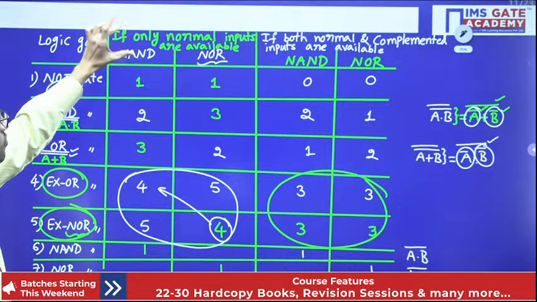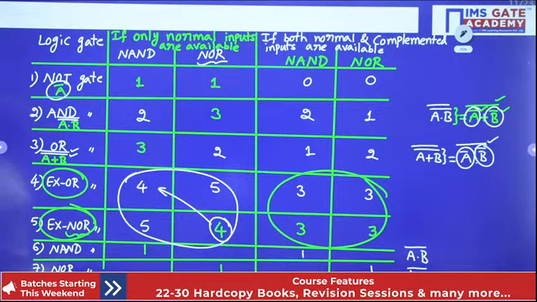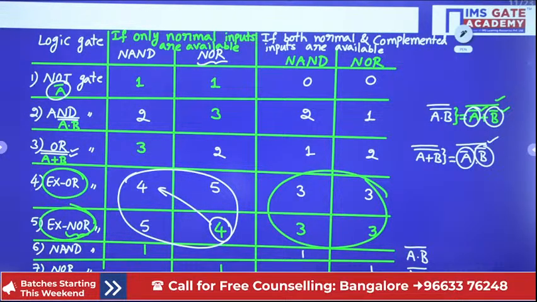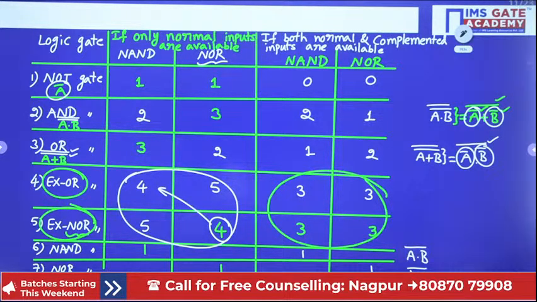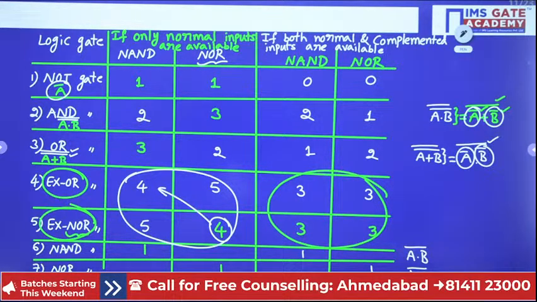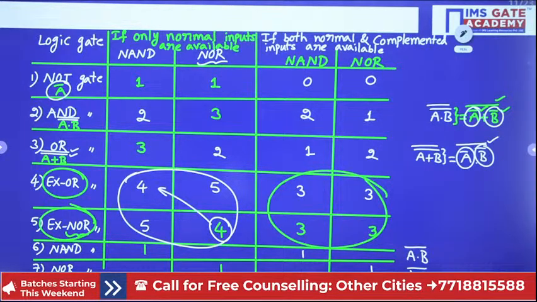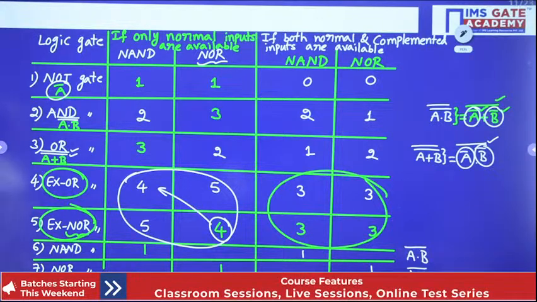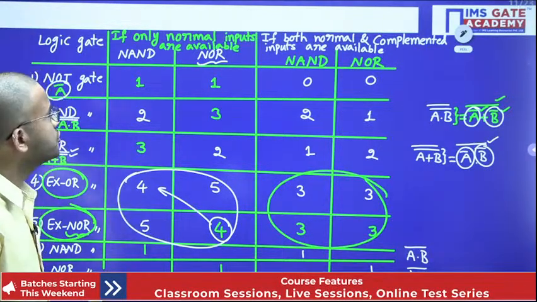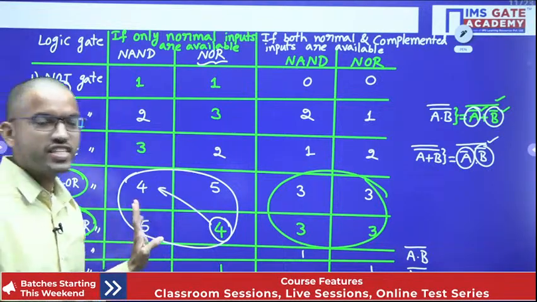For the first case, if only normal inputs are available, all of you give a try. Two NOR gates for NAND gate. Okay, we'll see whether it is correct or not.